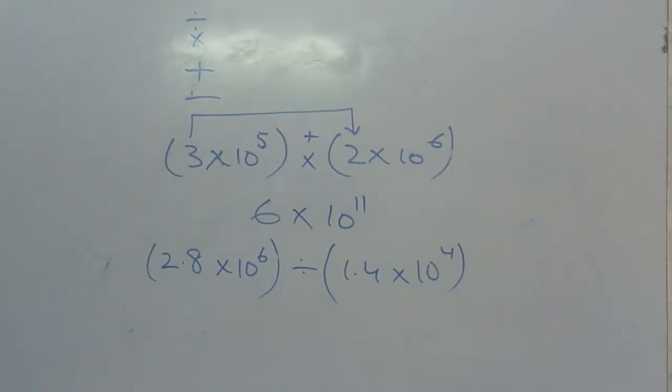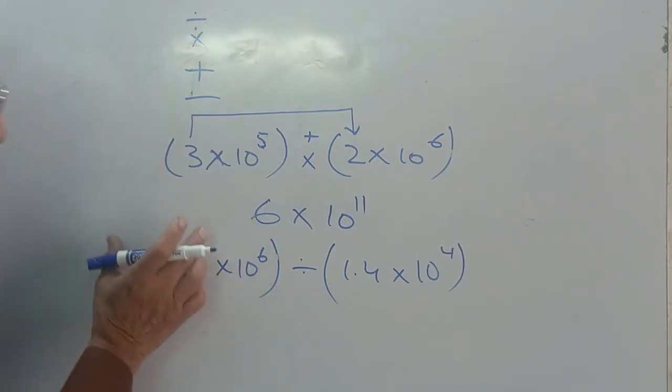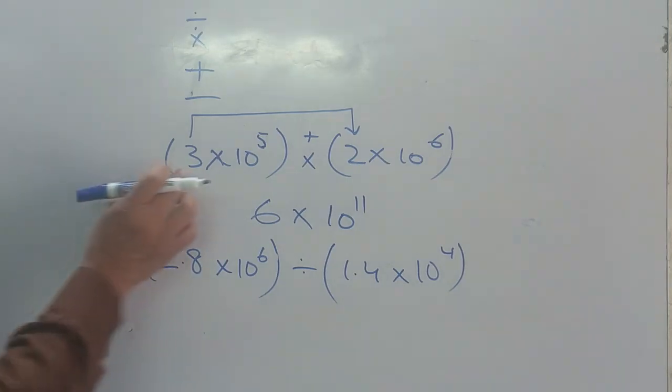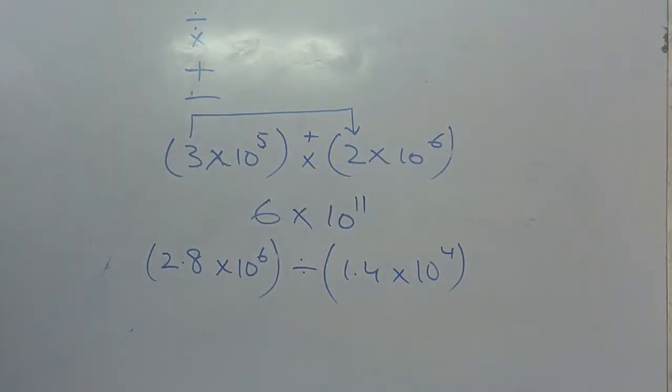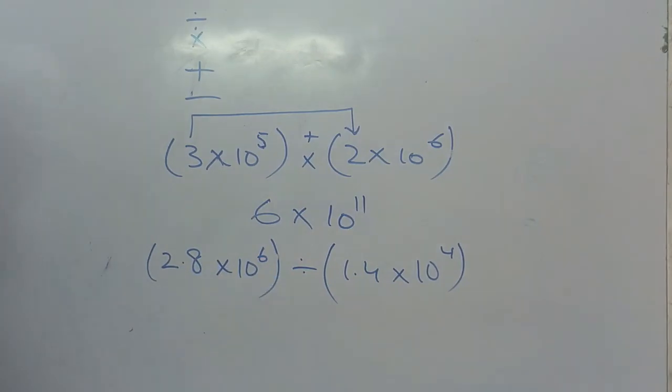Okay, very easy again. Now what I told you is just operate on the terms which are whole numbers. While the sign was multiplication, go for multiplication. If it is plus, go for plus. Now it is division, so go for division.